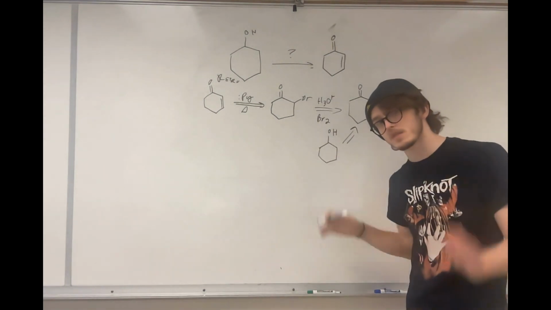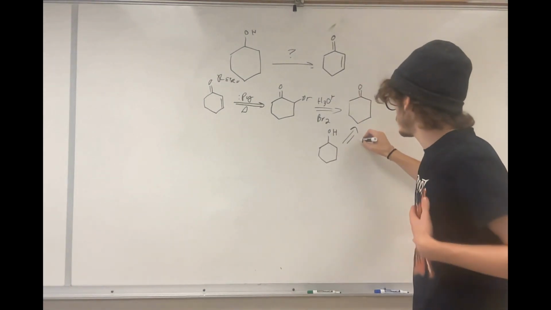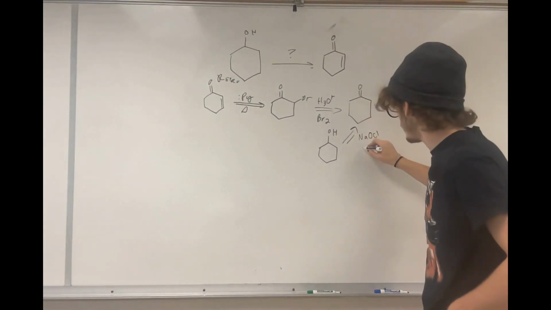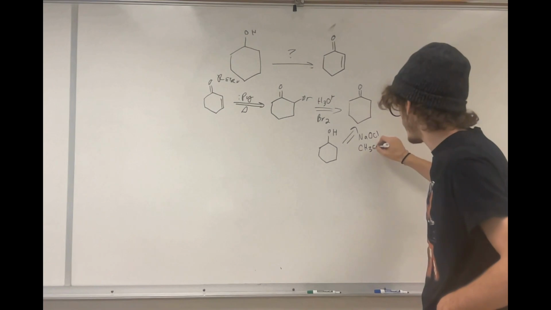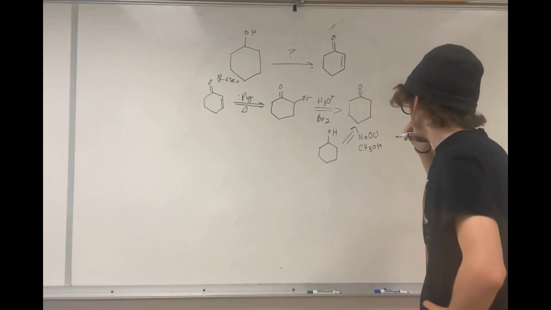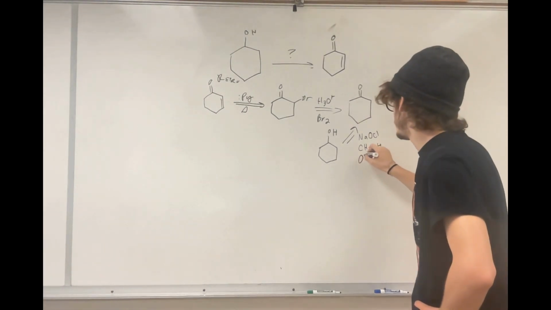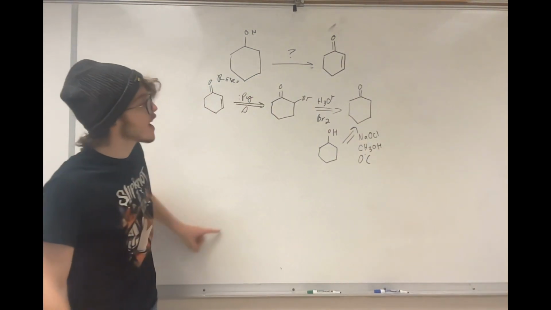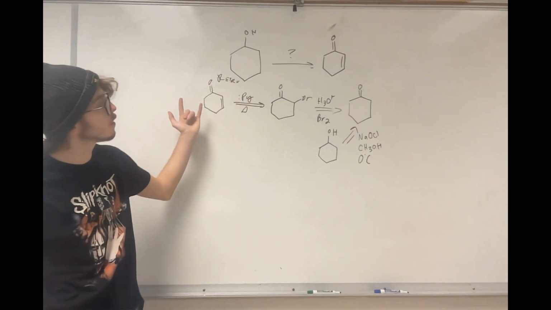You can use any of the ones you've learned. I'm going to use bleach, a weak acid, so I'll use acetic acid, and then we'll do 0 degrees Celsius on that reaction.